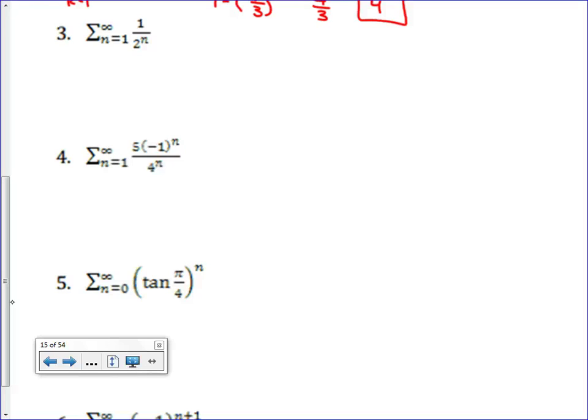Now, if it helps, why don't you write out the first 4 terms? You don't have to do it in your head. If you cannot see whether or not it's a geometric series, write out the first 4 terms. Then ask yourselves if it is or not.